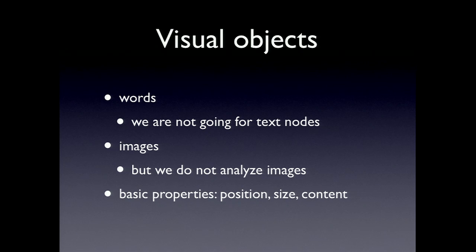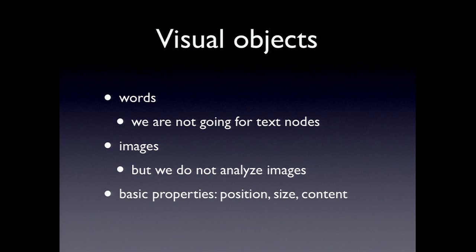And the first part is crucial. It's words. We're not going for text nodes, because text nodes often are not of sufficient granularity: there can be line breaks, and the way a browser lays out those text nodes can differ. So we're looking for words.